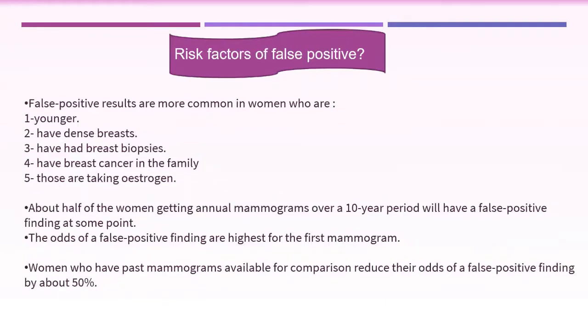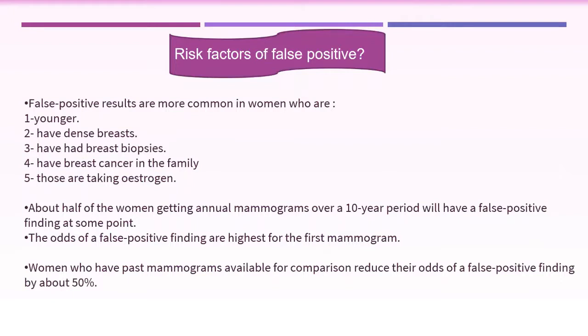There are factors affecting the false positive results, like younger patients, those who have dense breasts or had previous breast biopsies, family history, or taking estrogens. And about half of women getting an annual mammogram over a 10 year period will have a false positive finding at some point.